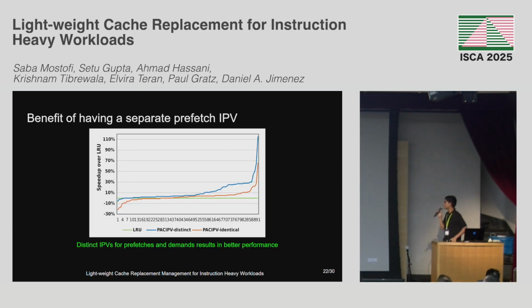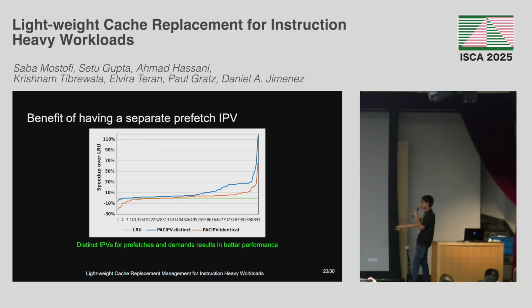First of all, let's see what's the benefit of having separate prefetch IPVs and separate demand IPVs. Over here, you see this is our LRU, so this is our baseline, so that's why it's always at 0. And then we have something called PAC IPV distinct. PAC IPV distinct treats prefetches and demands as distinct requests. That's why the word distinct is there. So it has a distinct IPV for prefetches and for demands.